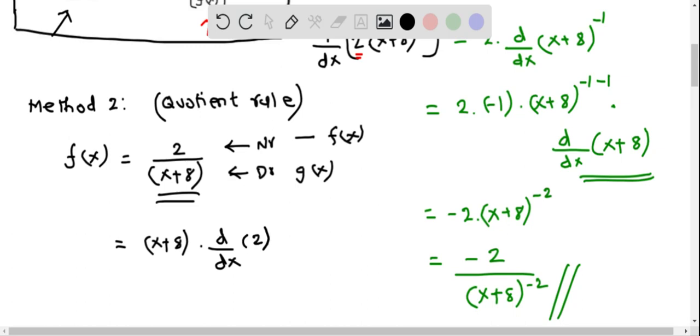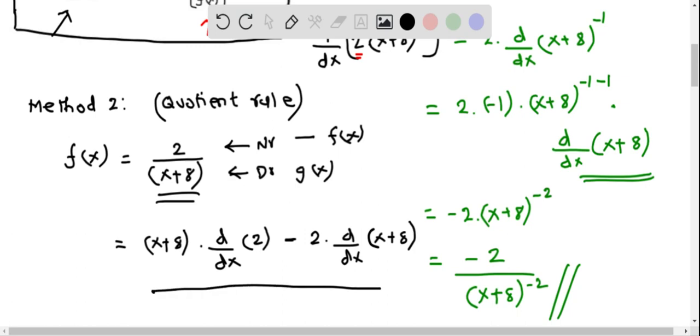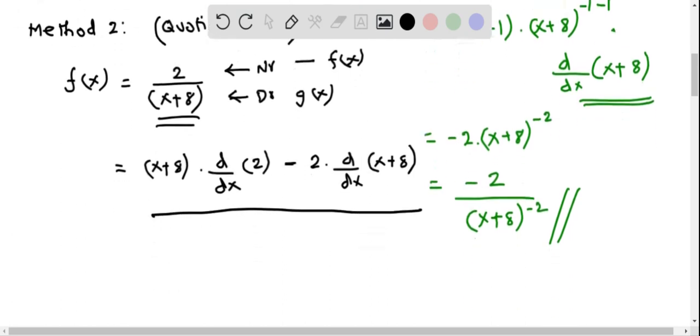In this case, we have 2 here, and then we will have a negative. And then we take the numerator function and multiply it with the derivative of the denominator function, which in this case is x plus 8, and then all over x plus 8 quantity squared, that is the denominator part. So we write it like this.